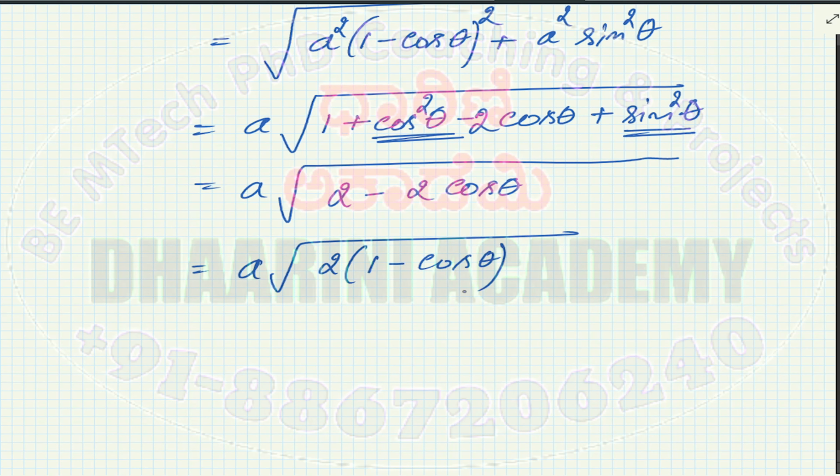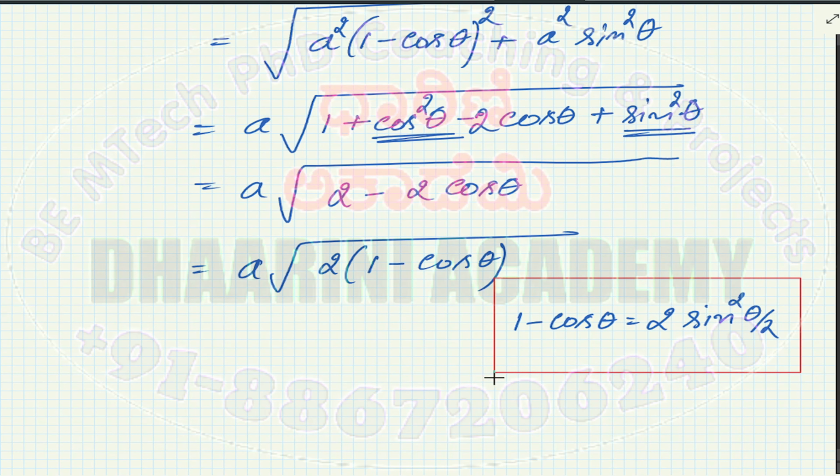So let's use a trigonometric identity, that is 1 minus cos theta is equal to 2 times sine square of theta by 2. Right, previous problem we used 1 plus cos theta, that is 2 into cos square theta by 2.